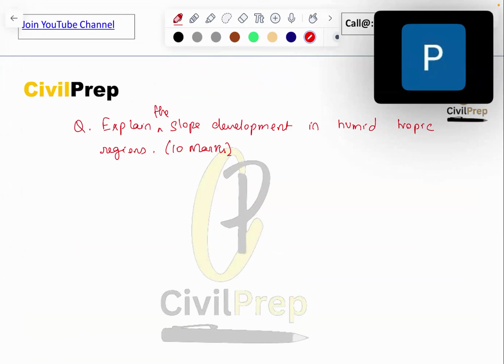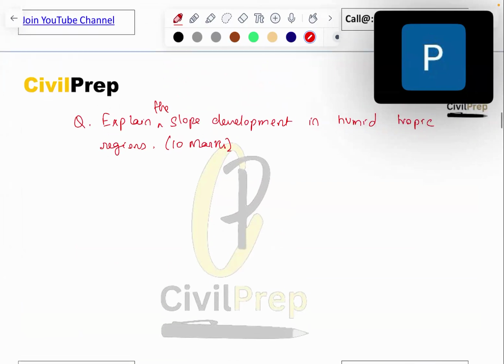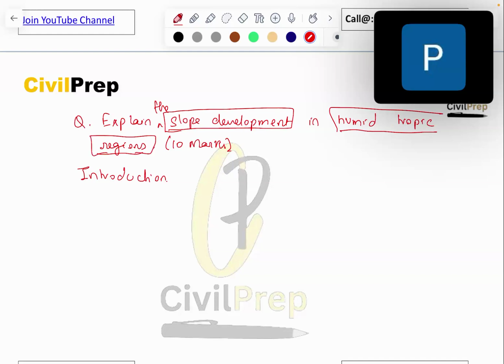So what we need to see here, I'll be discussing quite briefly. Introduction. My question has certain keywords, that is slope development and humid tropic region. This is very important.